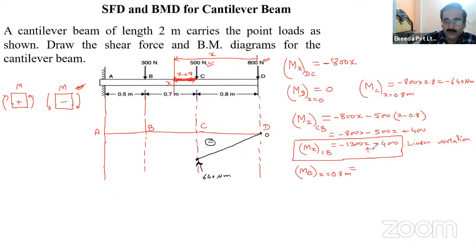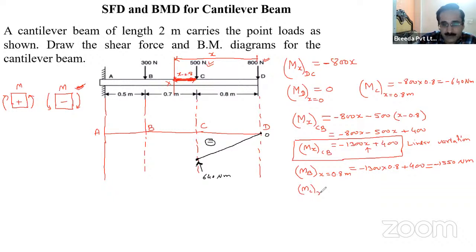So put here 0.8, so minus 1300 multiplied by 0.8 plus 400. I am writing directly the value, B point minus 1550 Newton meter. You can calculate it using the calculator, and it is the bending moment at point B. And what is another point? Another point is C point.